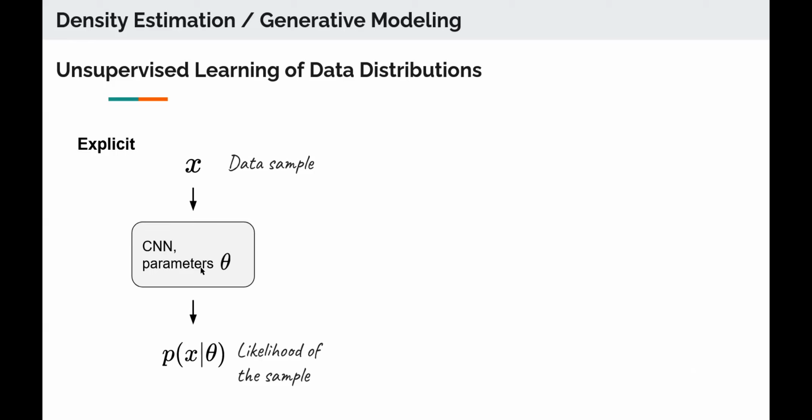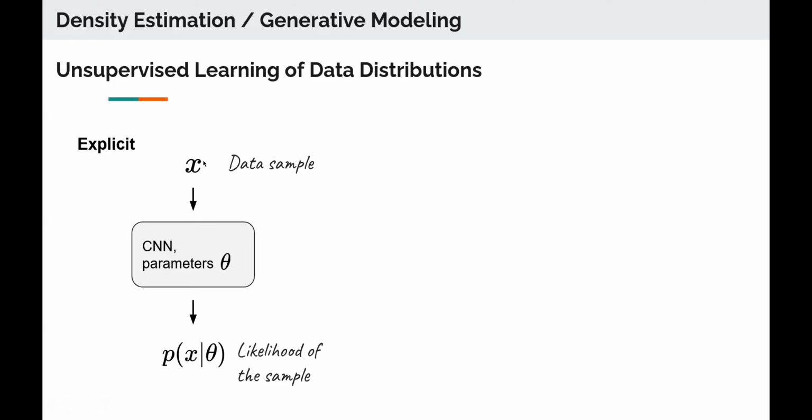But the point is that this model should take as input a data sample, some image of the brain, and it should output the probability density value at that location in the space in which the images lie. If this is an image of the brain, we would like this value to be large. And if this is a random noise image, then we would like this value to be low.